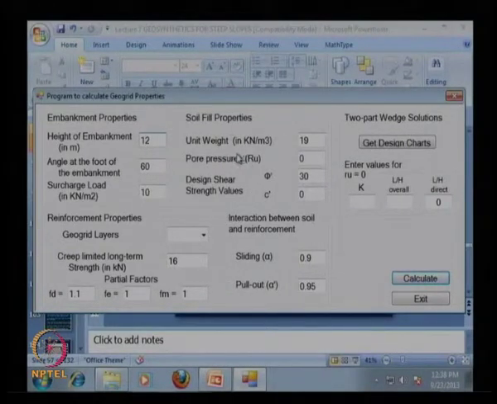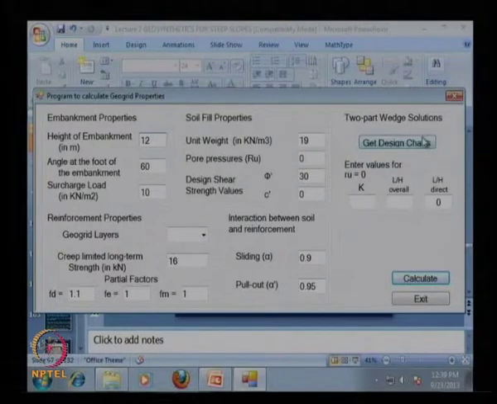And for the soil fill property, let us say the unit weight is 19 kilonewton per meter cube, the pore pressure ratio RU is 0, which you can also vary, the design shear angle phi dash is 30 degree, and the cohesion value is equal to 0. Here we also check the interaction between the soil and the reinforcement, that is due to sliding and due to the pull out value.